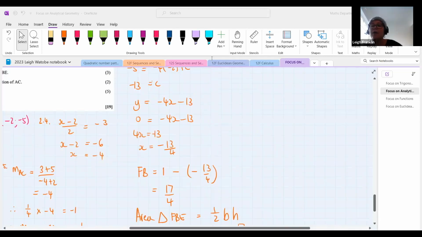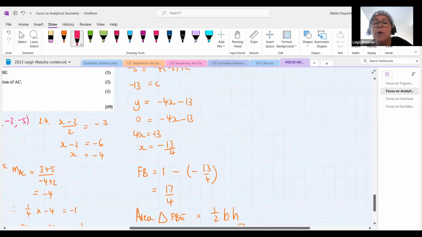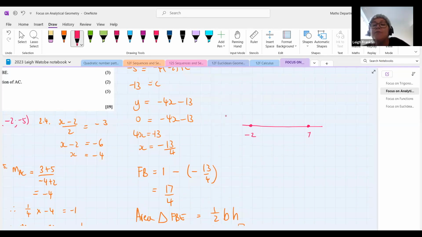Yes, sure. So in other words, what I'm doing here, Shantae, is if you have got a horizontal line, and let's say the x-coordinate at this point over here is 7, and the x-coordinate at this point over here is -2, and let's say that's A and that's B. If you want to know the length of AB, you can say the x to the right minus the x to the left.